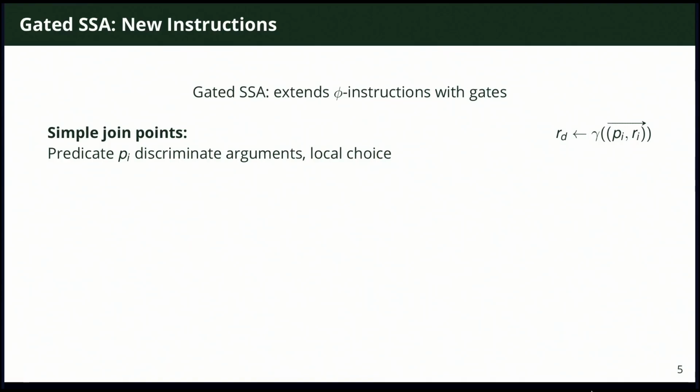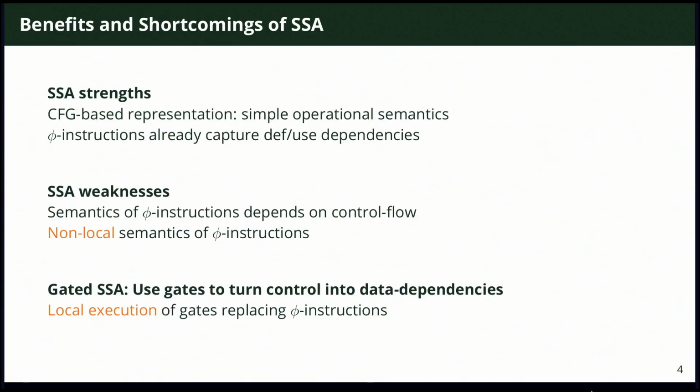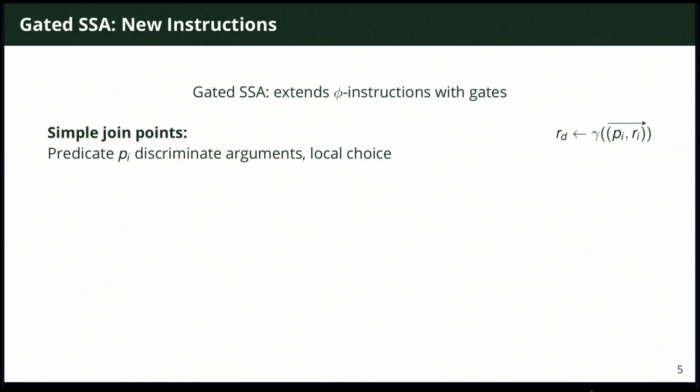So for simple join points, where we'll have a phi instruction in the SSA code, the gated SSA will have this gamma function, which pairs each register in the phi instruction with a predicate that should evaluate to true when we should pick that register. And so it means that we can just execute this gamma locally with the execution context and pick the right variable.